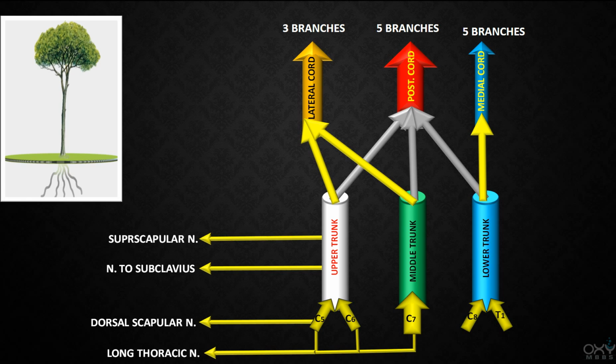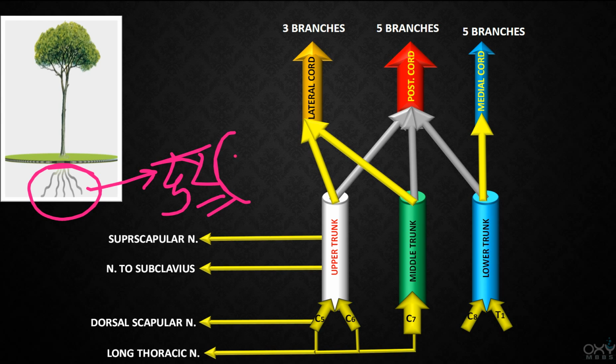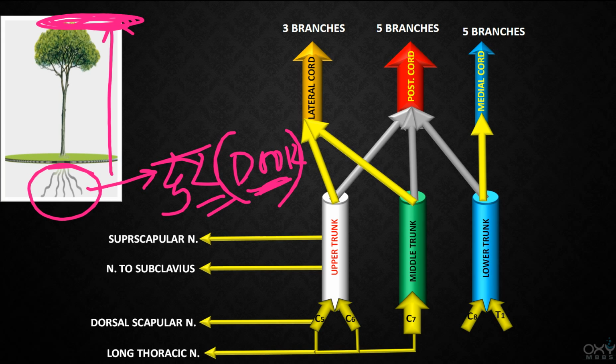And also friends, it is obvious that roots are present very distant, or very "dur", D-O-R. So it is dur. Roots are very dur or distant from the topmost of the tree. Are you agree friends? Yes. So this dur will remind you that dorsal scapular nerve is a branch of root.